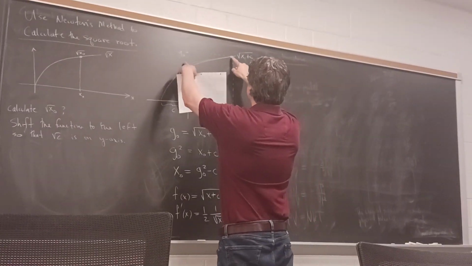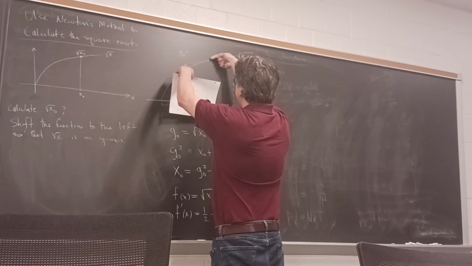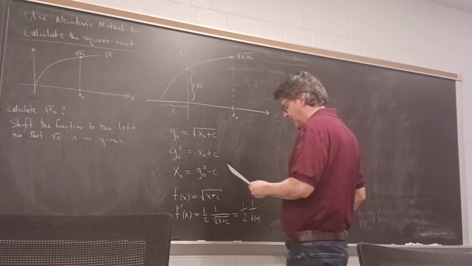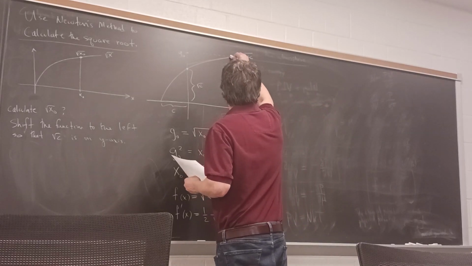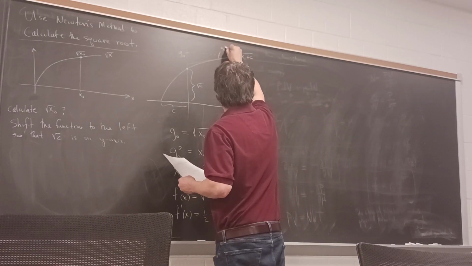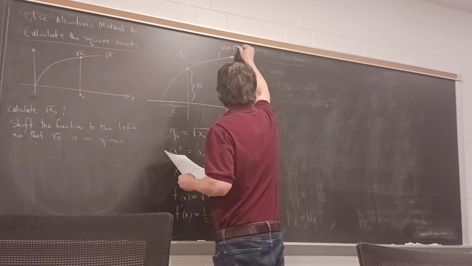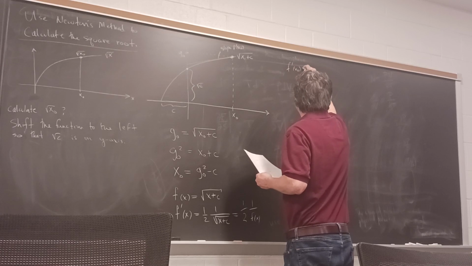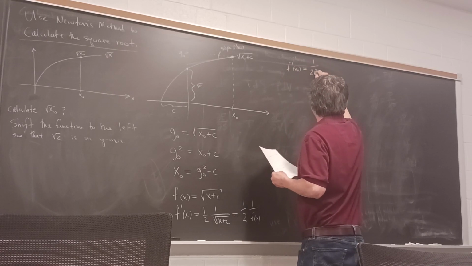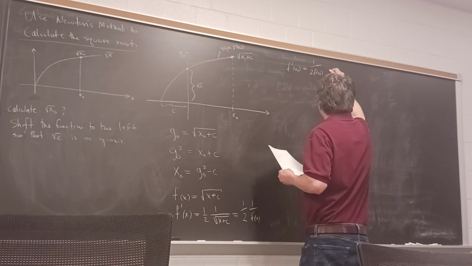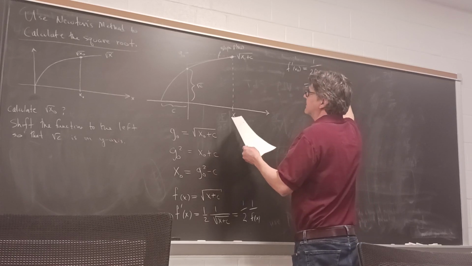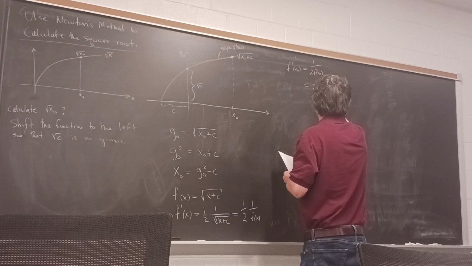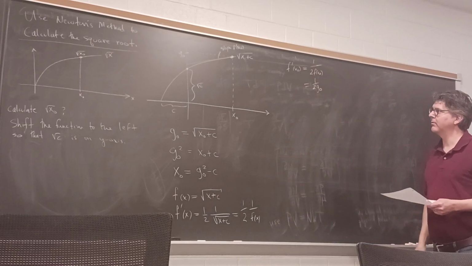That's the distance over which we're going to follow the slope down. So we want f prime at x0 to get this slope. f prime at x0 is 1 over 2 f at x0, but f at x0 is what we're calling G0. So this is 1 over 2 G0.